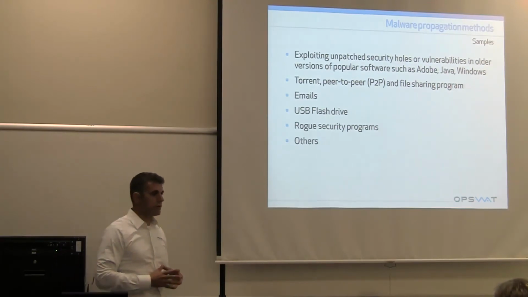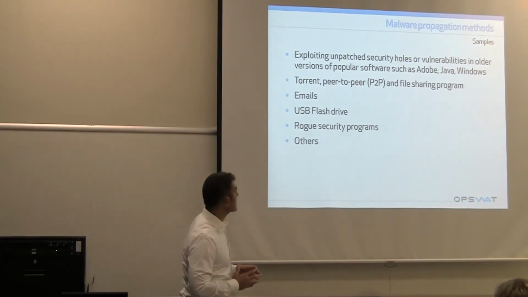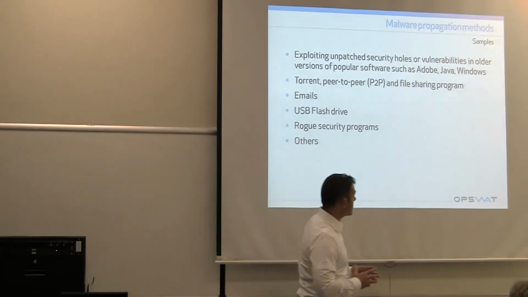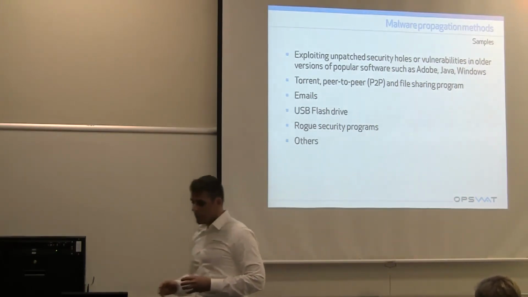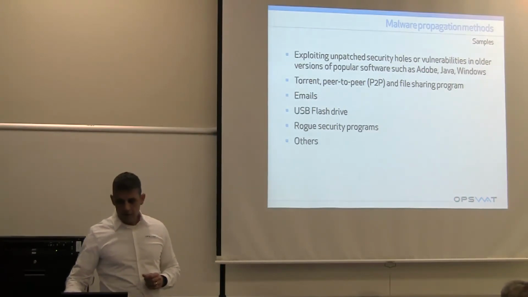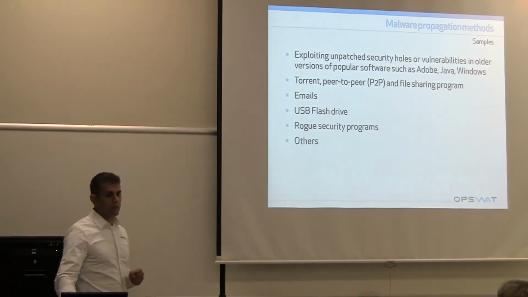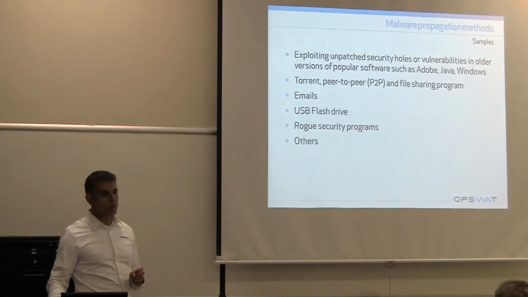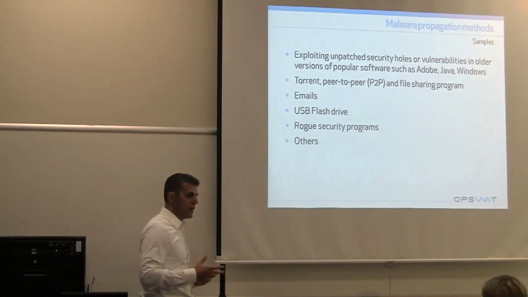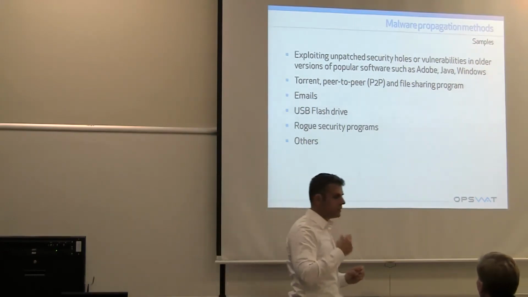Let's talk about some malware propagation techniques. Maybe before we go over samples, we can see that there are various ways for malware to propagate. Exploiting patches is a very popular one.